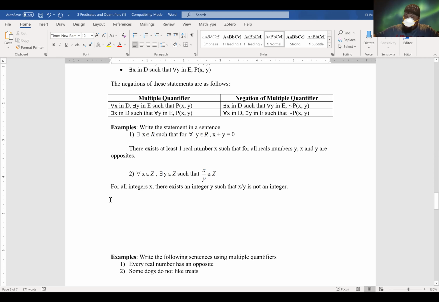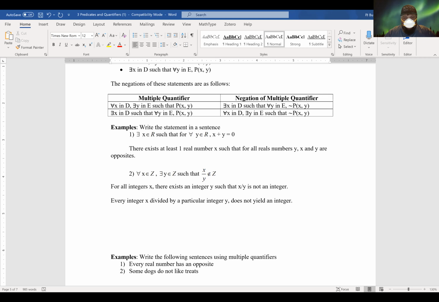So another way you could say something like this would be every integer x divided by a particular integer y does not yield an integer. So it's another way that you could say something like that.